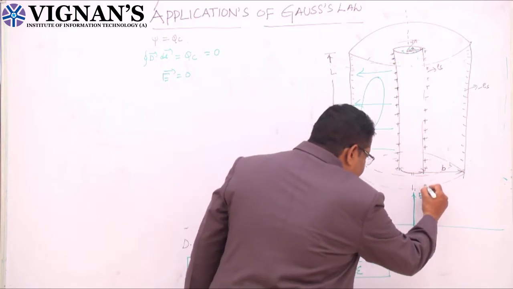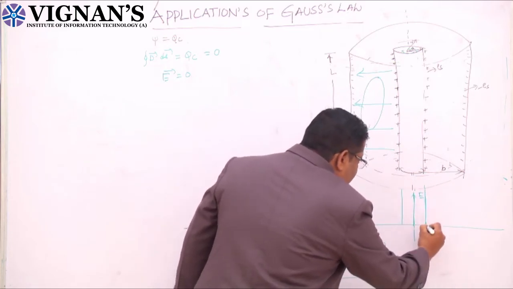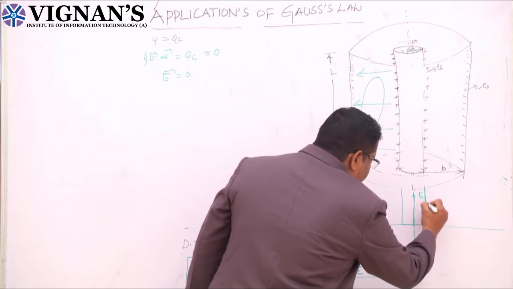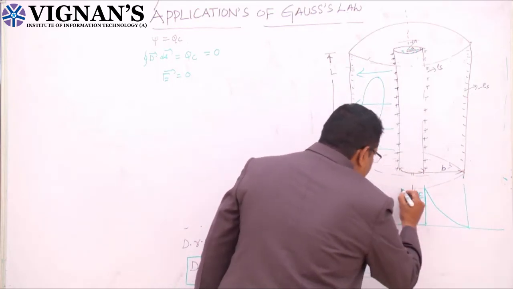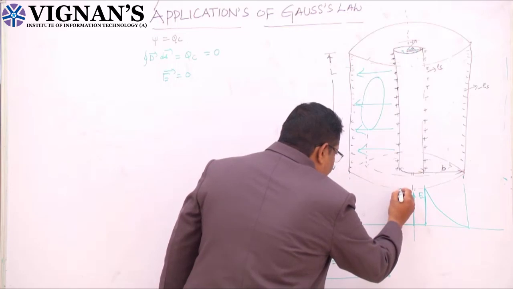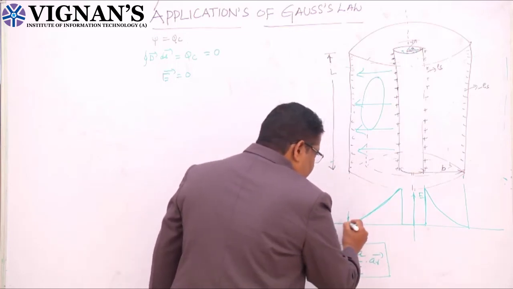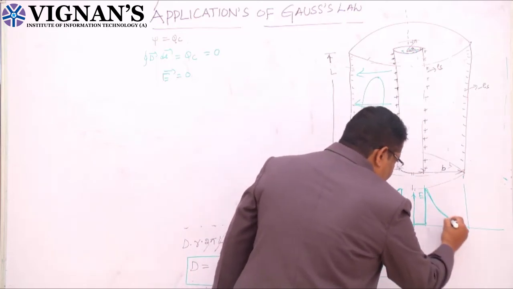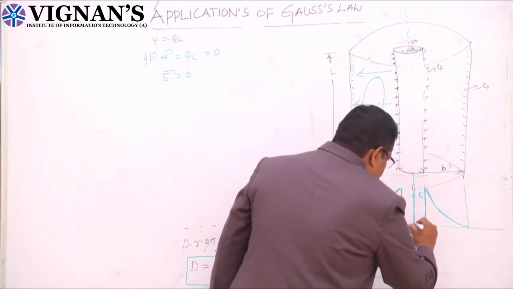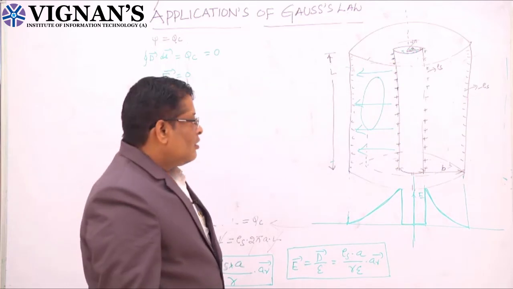Again in this region, the electric field intensity is 0. From this point the electric field intensity decreases, and finally comes to 0 at this point. Try to observe this graph: on the y-axis we have taken the electric field intensity, on the x-axis the distance.